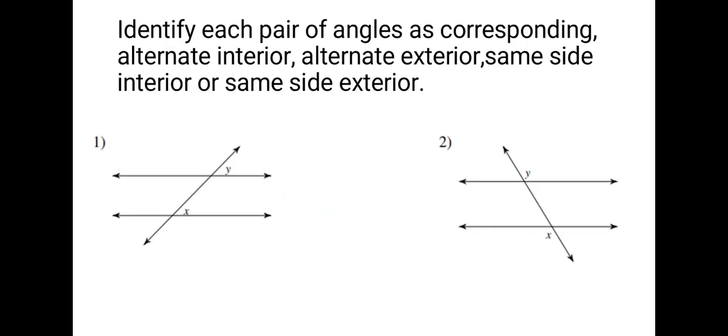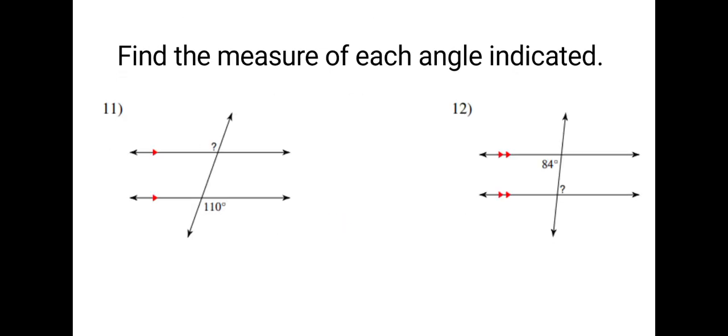We already had this activity before, but I'm going to focus on this one, finding the measure of each angle indicated, because this is similar to your activity for today. If you have this kind of problem, first identify the relationship of those angles. Just like this one, 110 and this angle. You can see here that they are alternate.